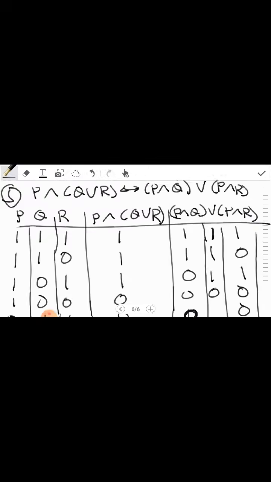Okay. I think that P and Q, that's 1, 2, 3, 4, 5. P and Q. So this must be 0. Sorry. This must be 0. 0 or 0 will be 0. 1 or 0 is, again, what's this?